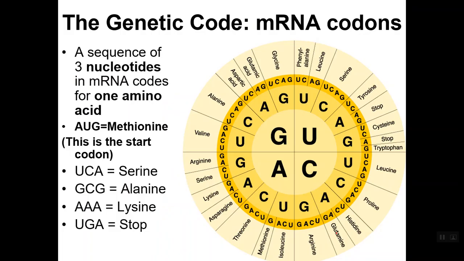So the last thing is, how can we figure out which codon is paired with which amino acid? This is called an mRNA codon chart, and you have to be able to read this, and the good news is it's very easy. Remember, this is a messenger RNA codon chart.